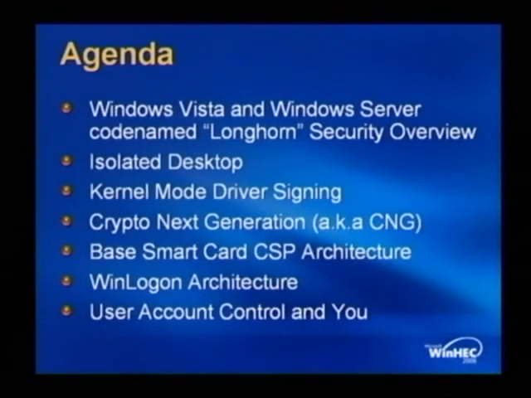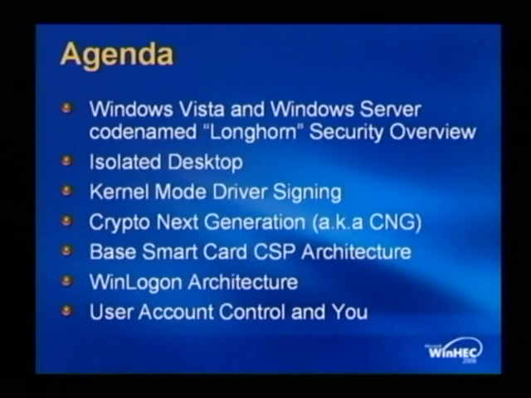So what are we going to talk about today? First of all, we have a lot of content to cover. We're going to start with a high-level overview of the major components from the security platform point of view that we have in Windows Vista. We're going to cover isolated desktop, or what we call session 0. Kernel mode driver signing, a big thing in Windows Vista, especially on 64-bit platforms.